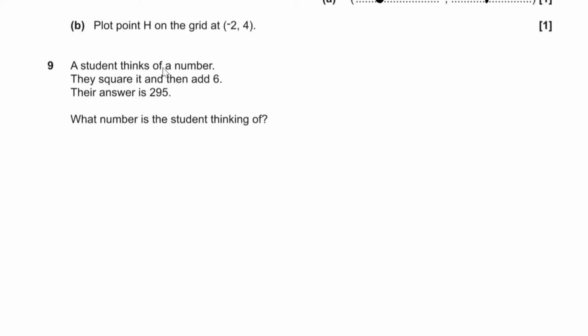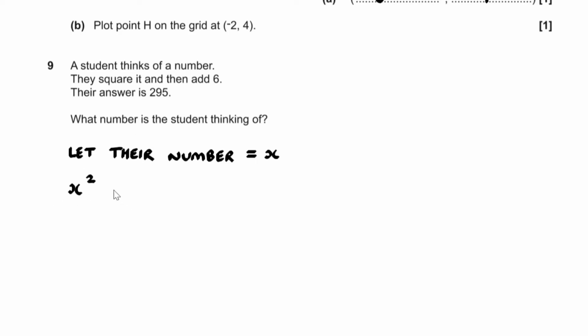Question number 9. A student thinks of a number, they square it and then add 6. The answer is 295. What number is the student thinking of? If we let their number equal x, then what's happening is they start off with x, then they square it.